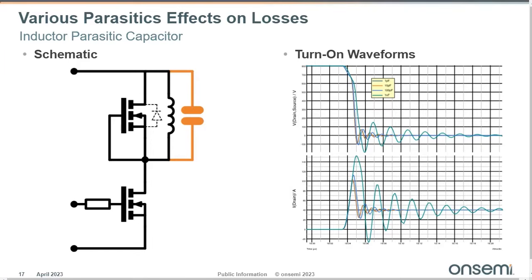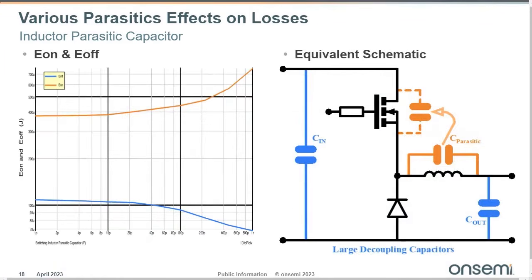In fact, you have the reverse recovery plus the discharging current of this capacitor that appears inside the MOSFET and creates more losses. If we look at the Eon versus this parasitic capacitor, as you can see, the Eon increases, but the Eoff decreases. But anyway, when you have more capacitance, as you have seen on the slide before, you have more and more ringing, so more and more EMI that will be difficult to handle and to filter, and this is something you also want to avoid.